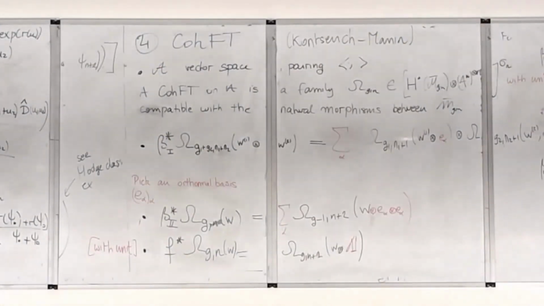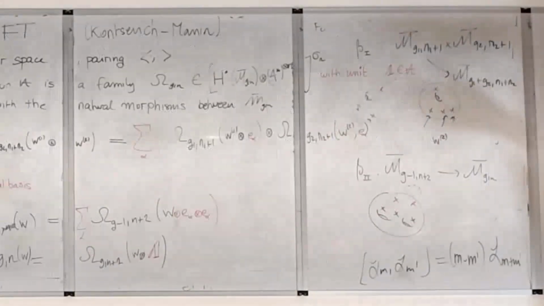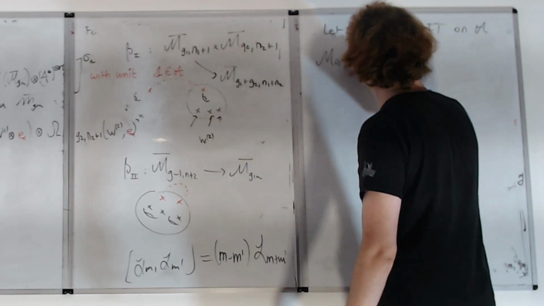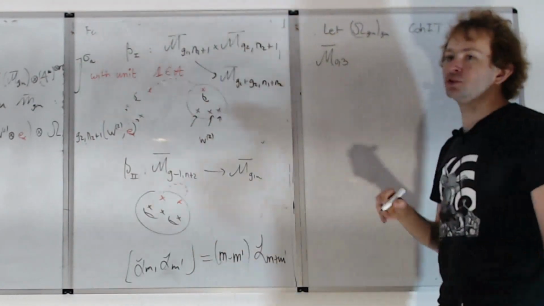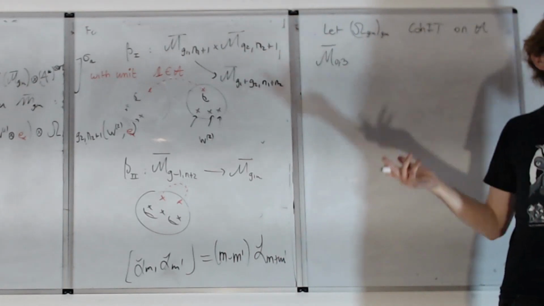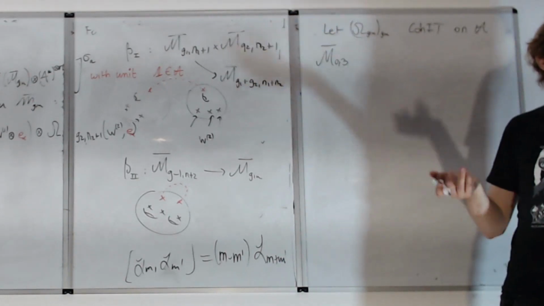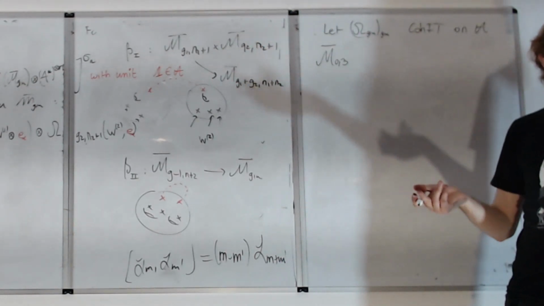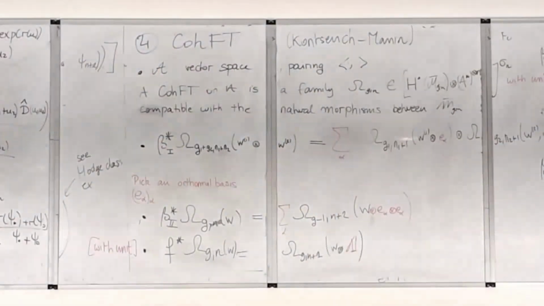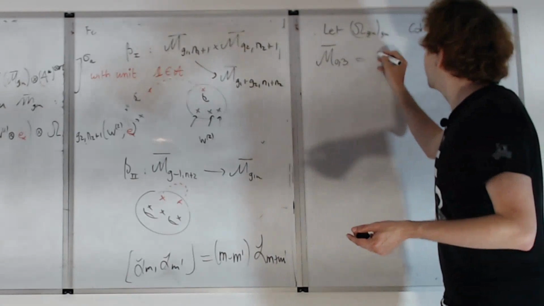Let's look at what it induces on the simplest thing, which is 0,3. So M_{0,3}, the moduli space of Riemann spheres with 3 punctures. There's only one, up to automorphism, because you can always fix, using a PSL_2(C) element, the points to be 0, 1, infinity. So this is just a point.